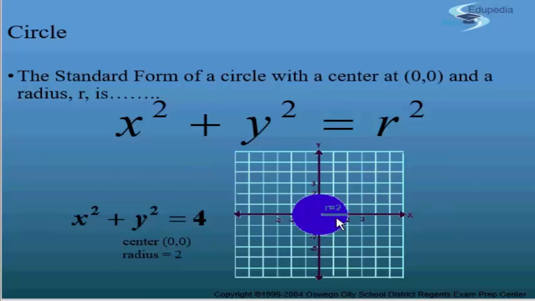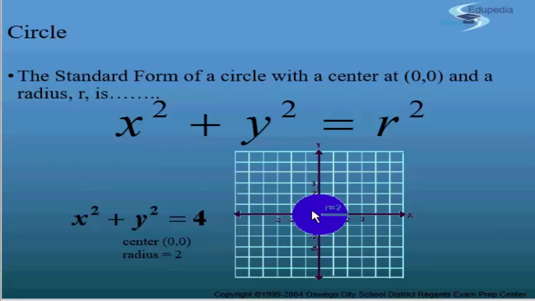That is the radius of this circle. These x and y values are all the values on the line of the circle, and any such value is going to give you the answer r squared for any circle that is centered at the origin, at 0, 0.